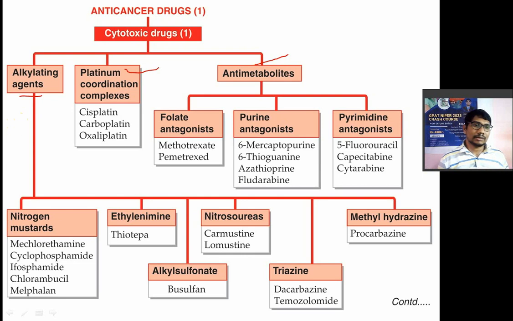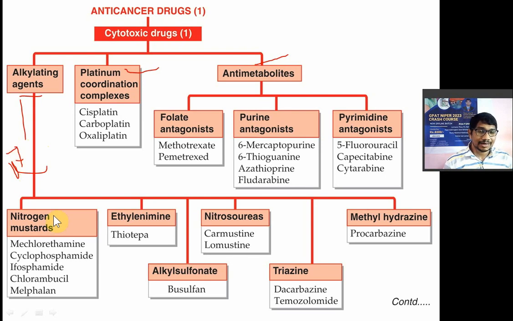So alkylating agents cause alkylation of nucleic acid bases, particularly pyrimidine bases. One of the most important sites for alkylating agents is N7 of guanosine, the nitrogen 7 of guanosine.